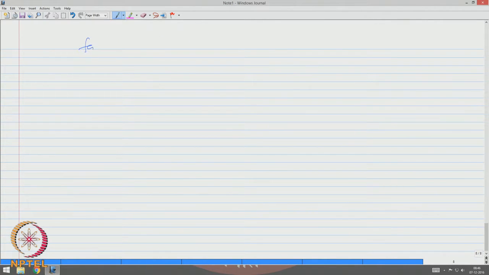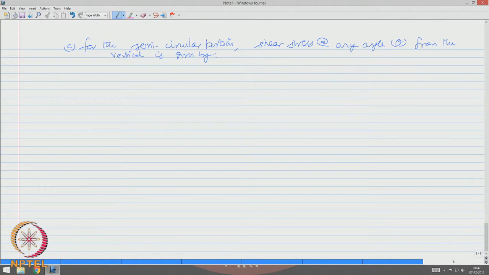Now, we want to find for the semicircular portion the shear stress at any angle theta from the vertical. Is given by, let us draw the figure.